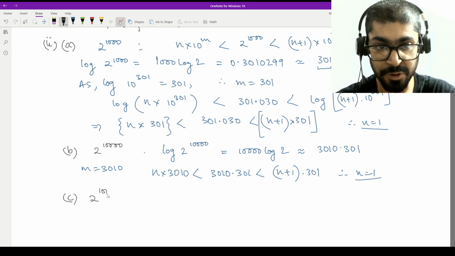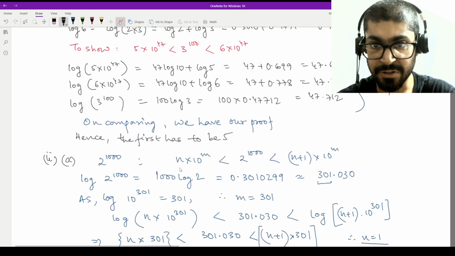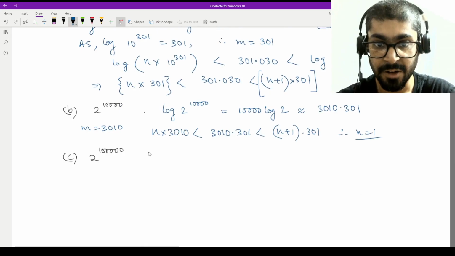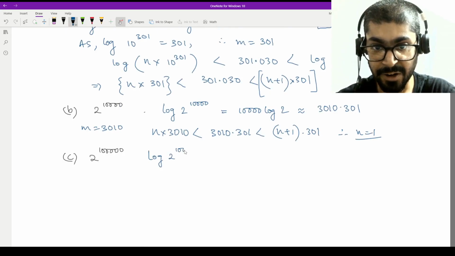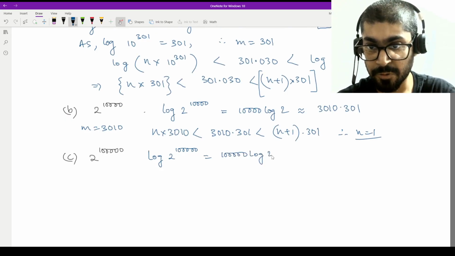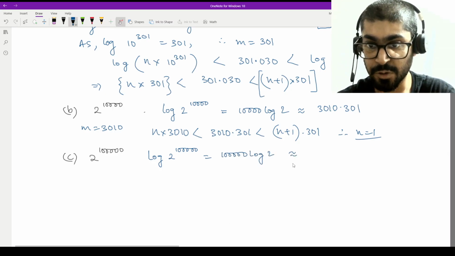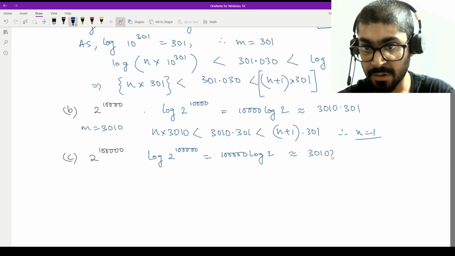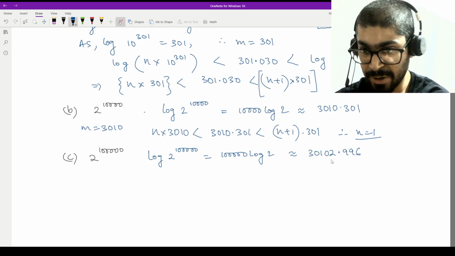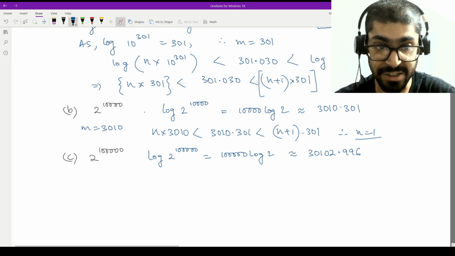Next, 2 to the power 100,000, with 5 zeros. That is the last one. Again here log 2 to the power 100,000 is equal to 100,000 log 2, which is equal to 30102.996. Now here the difficulty starts spiking a bit because this is approximately equal to 30103. This is almost moving on to the next integer.